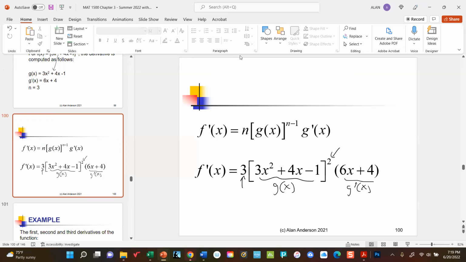And then this piece, which we never had before, the derivative of what's inside the brackets, is the new part, basically. That's interesting. And of course, it's more complicated. Okay, so we're going to see a lot of this, by the way.